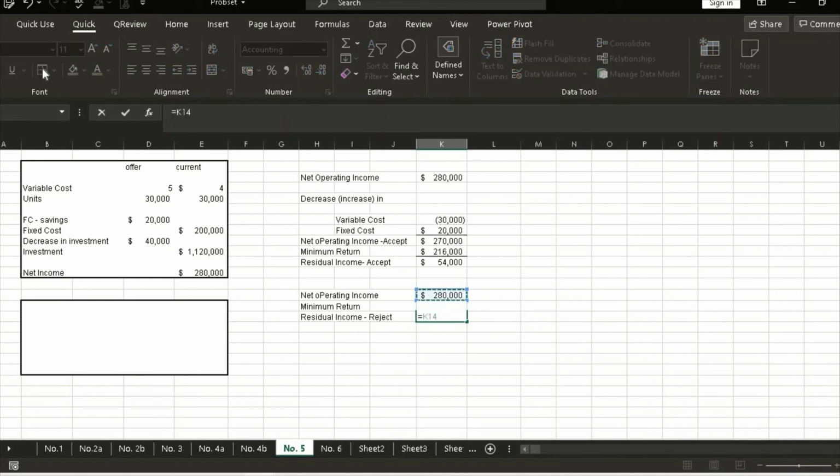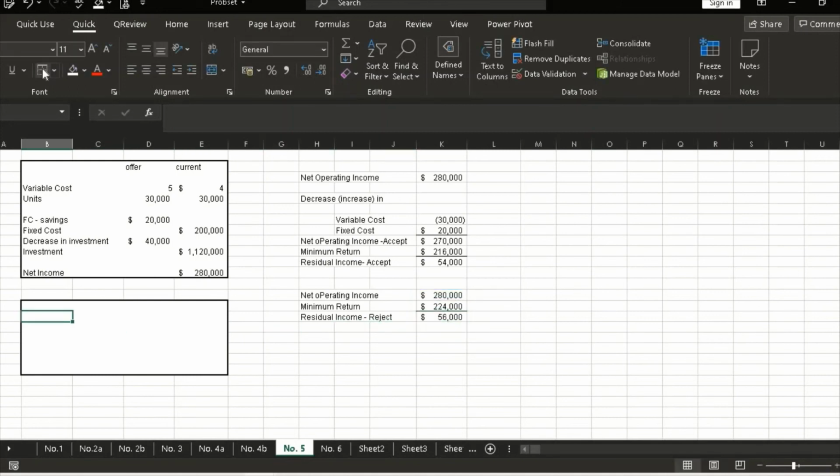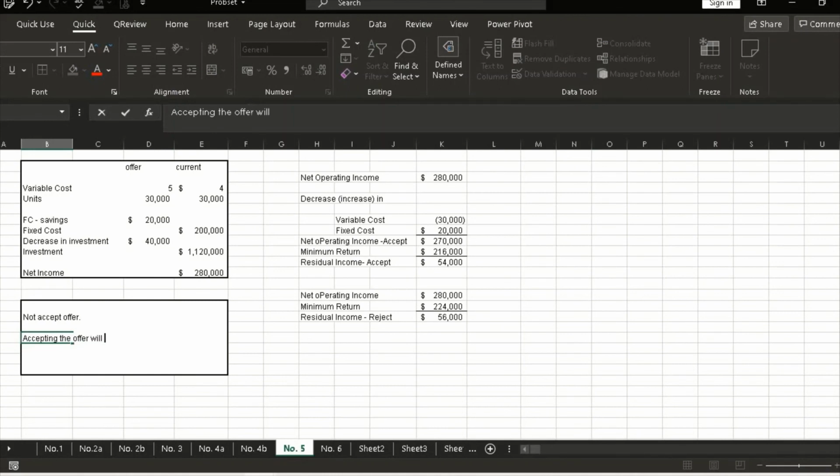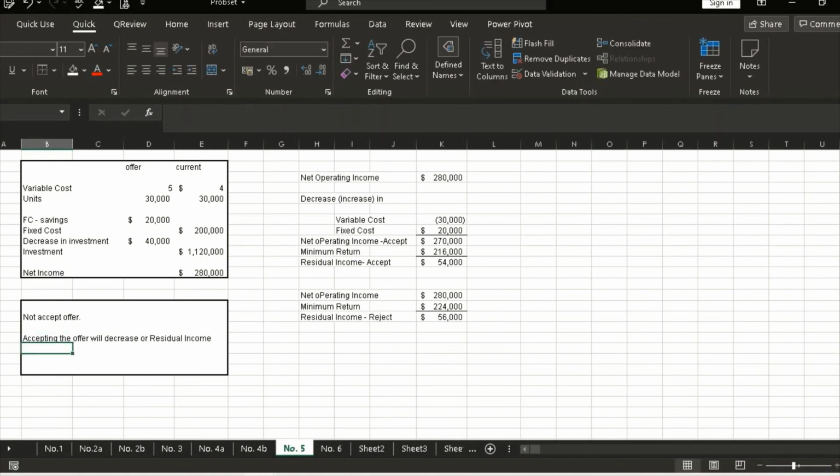The residual income in case we reject is 56,000. So in conclusion, we must not accept the offer, because accepting the offer will decrease our residual income by $2,000.